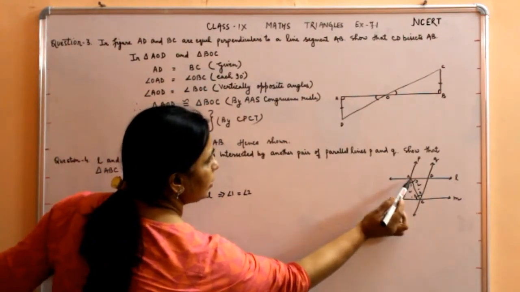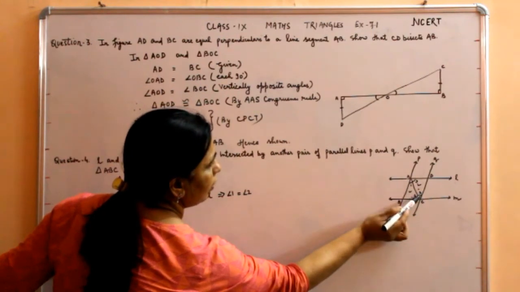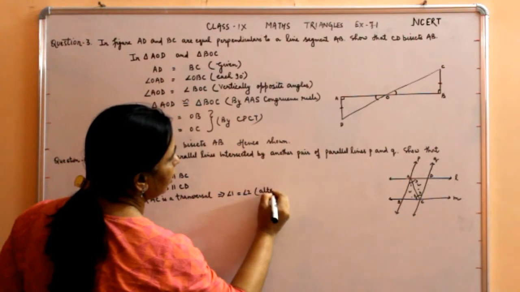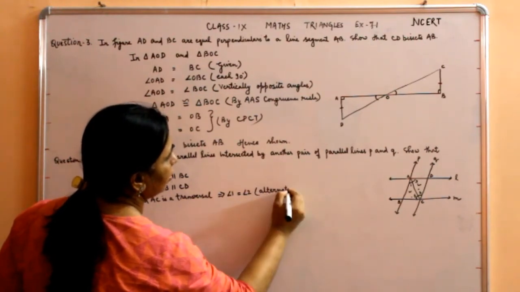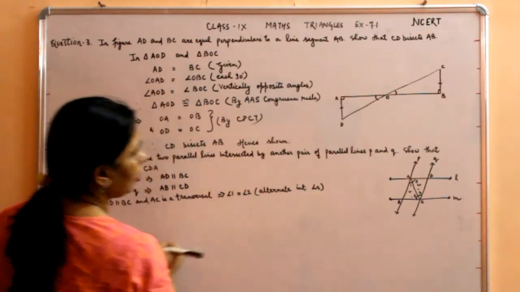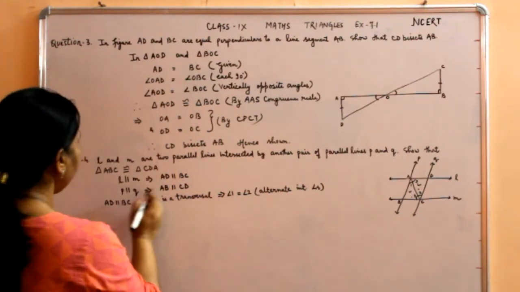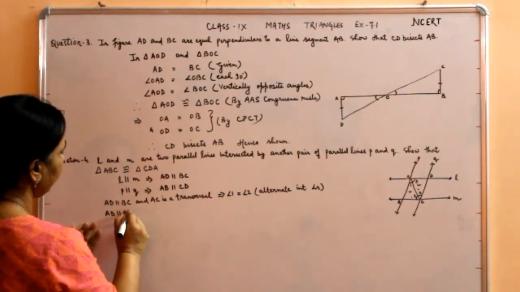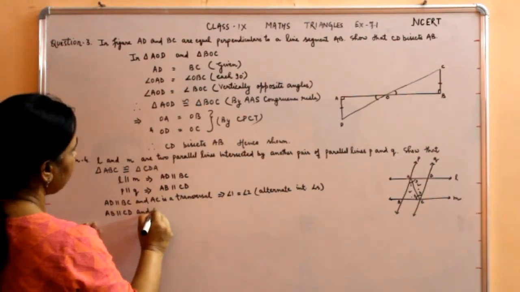AB is parallel to BC and AC is transversal, तो ये 1 और 2 इक्वल हो गए. Why? They are alternate interior angles.